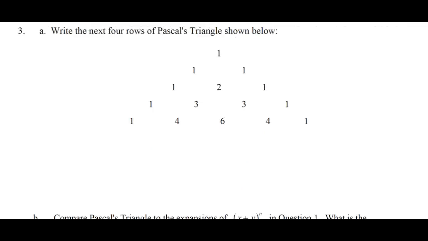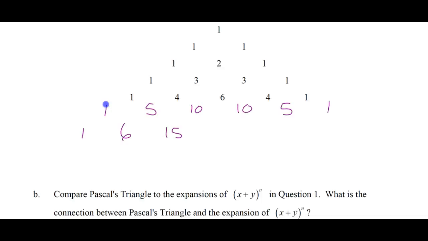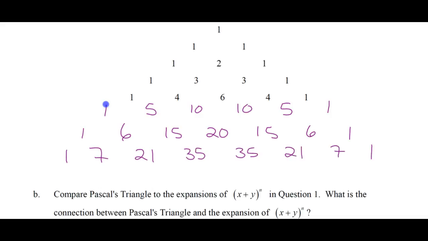Write the next 4 rows of Pascal's triangle as shown below. Okay, do it on yours, it'll show up better. It gets symmetrical after a while, right?